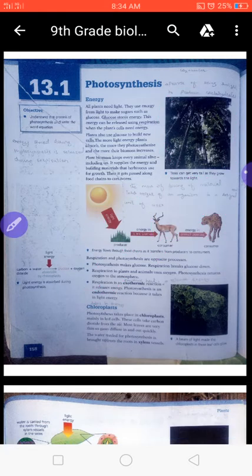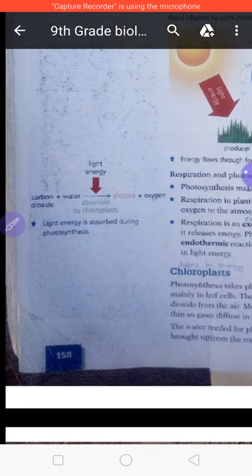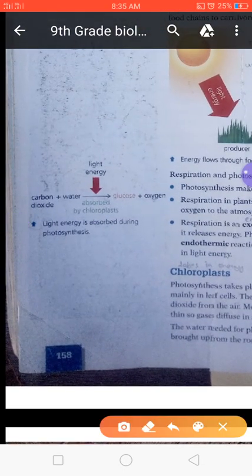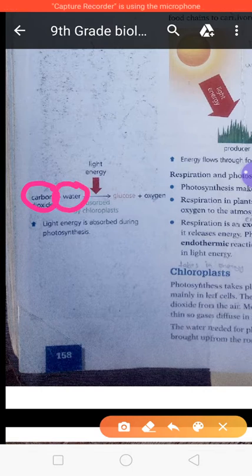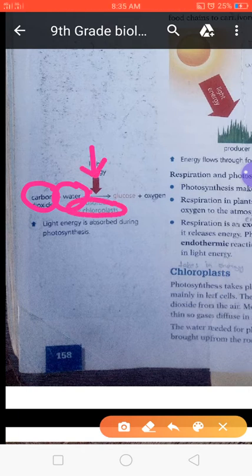So let's talk about the word equation of photosynthesis. What is the word equation for photosynthesis? If you look at this picture, the word equation for the process of photosynthesis is that carbon dioxide, when it is taken through stomata by leaves, is combined with water that is taken by roots from the soil. And then in the presence of sunlight, chloroplasts are able to attract the sunlight, and the main process takes place.